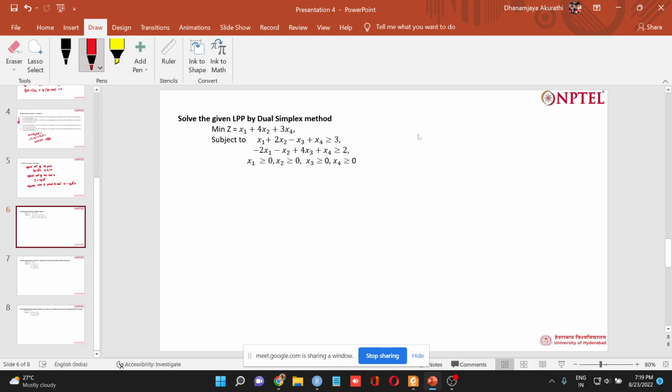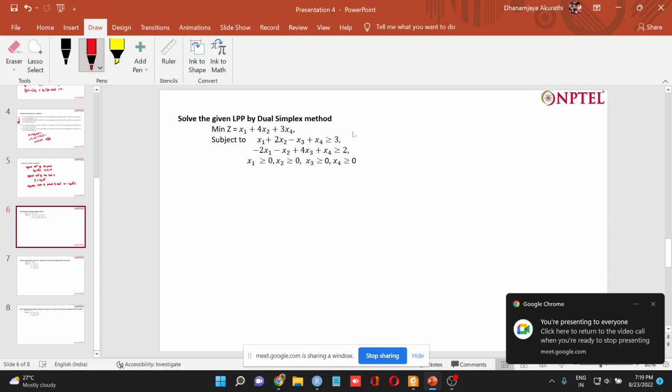Previously we solved an LPP by using the simplex method, and if the constraints are greater than or equal to sign, we solved by using the big-M method or two-phase method. We also saw how to solve with the help of simplex multipliers, that is the revised simplex method. So till now we had seen these four types of solving an LPP. Now we can see the dual simplex method of solving.